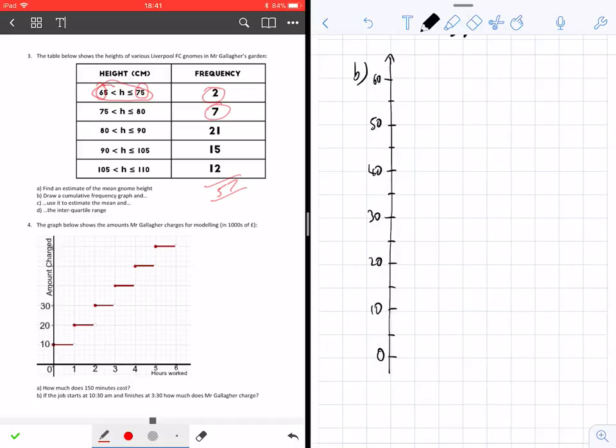On the x-axis, I've got to go from 65 to 110. It seems like a waste to actually include 0 to 65, so I'm going to draw myself a little one of these zigzag breaks. And 65 to 110 is 45.